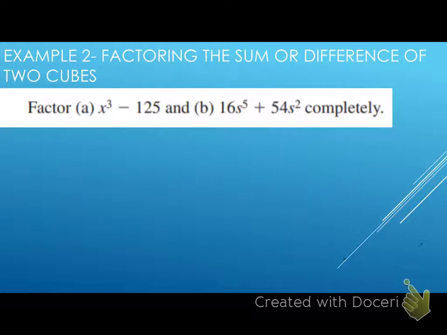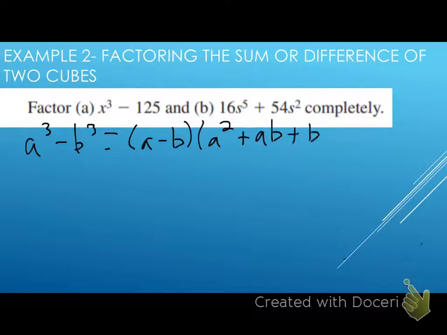Yes, they are, right? I can easily take the cube root of x cubed and the cube root of 125. So I'm going to be using the difference of two cubes formula. A minus b times a squared plus ab plus b squared. That's just straight from the other slide.